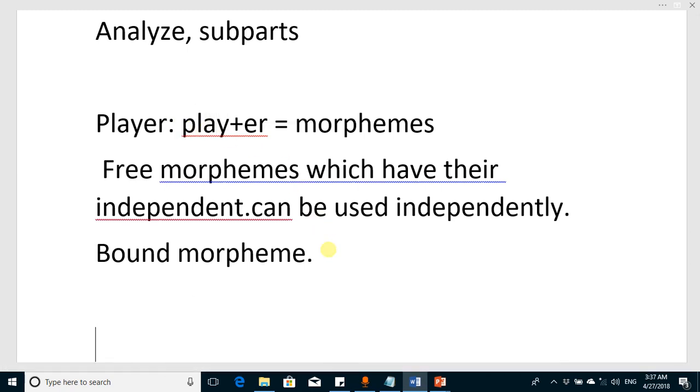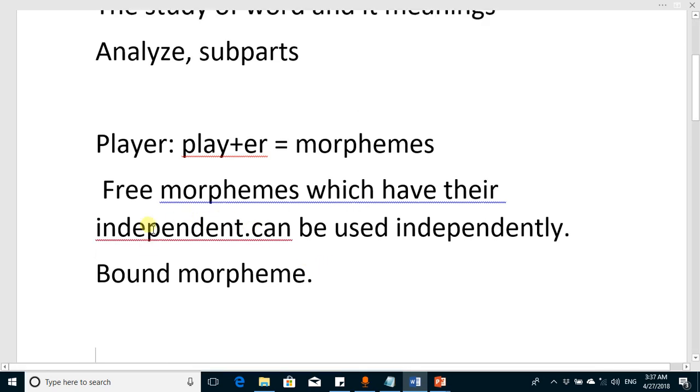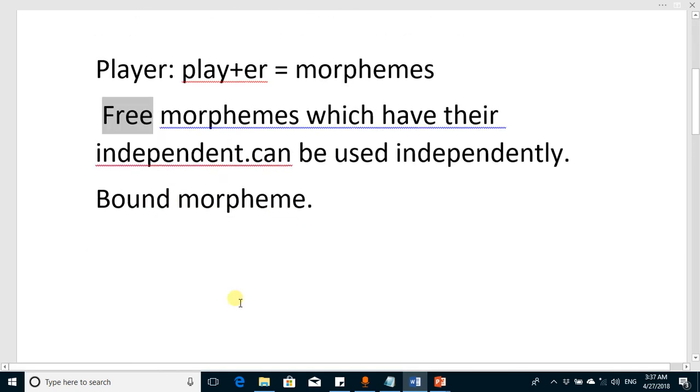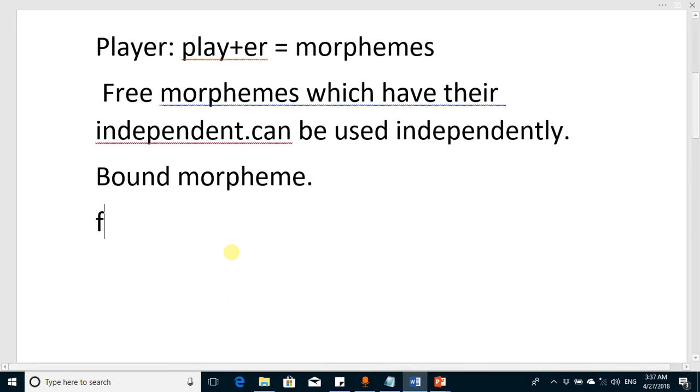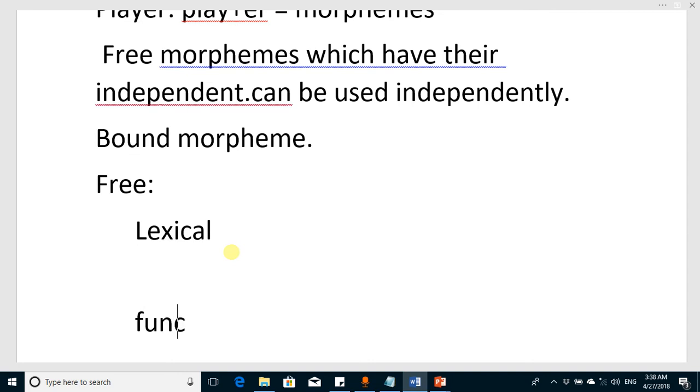So the free morpheme has two subtypes: lexical morphemes and functional morphemes. In any sentence, if you observe, there are very few words which actually convey the core meaning of the sentence.